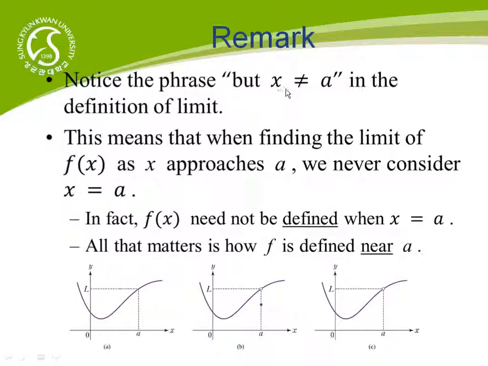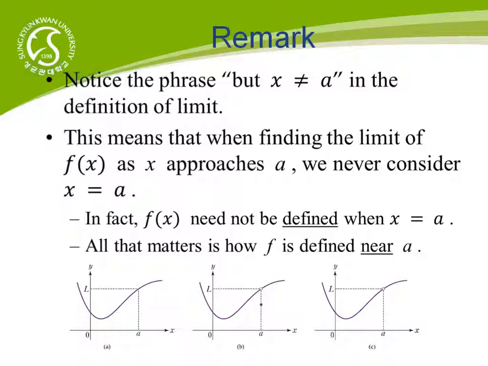Here, x not equal to a is very important. So we make a notice: in the general definition of the limit, x is not equal to a at all. This means that when defining the limit of f of x as x approaches a, we never consider x equal to a.